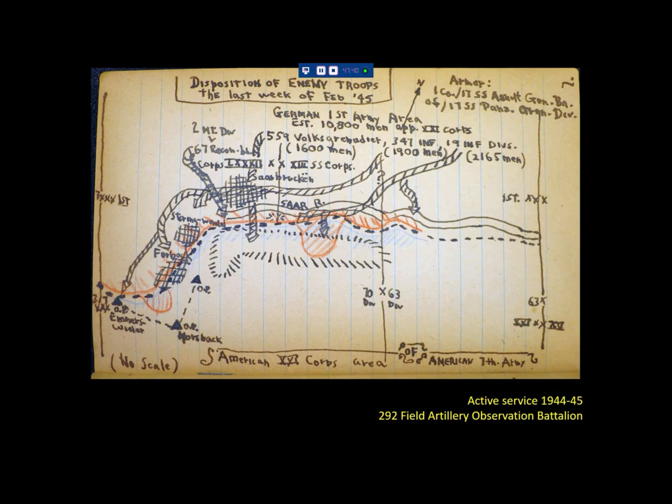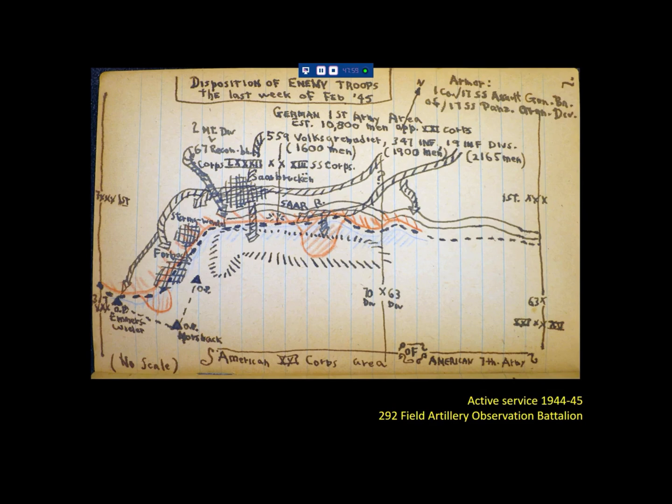Once they got 3 bearings, they could radio those into their gunnery command, who could then quickly find the coordinates, plot where the enemy gun was, and send a shell back to try to obliterate them.